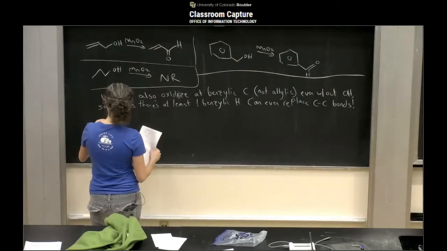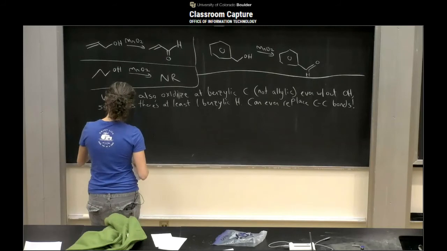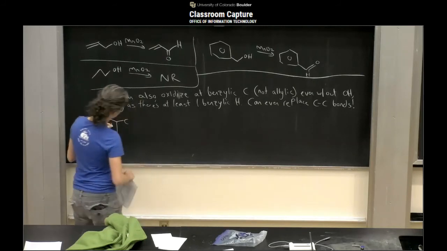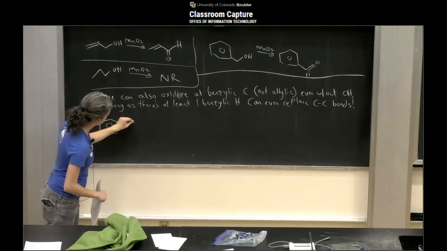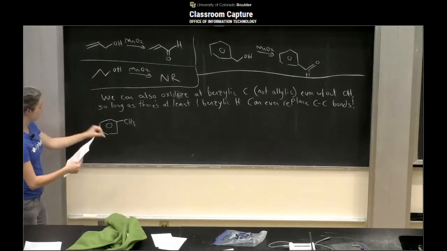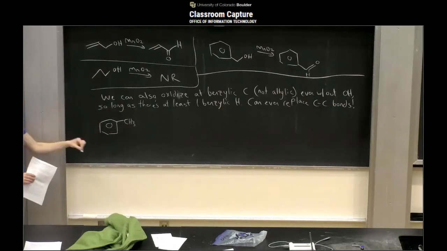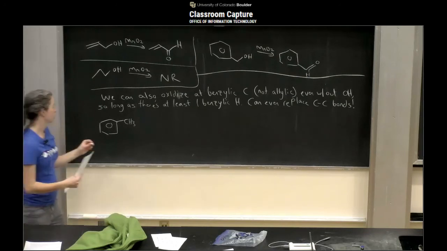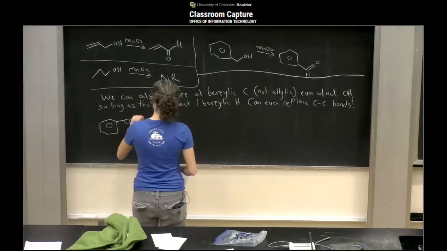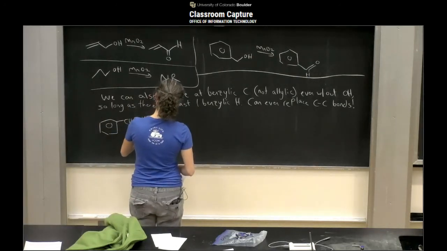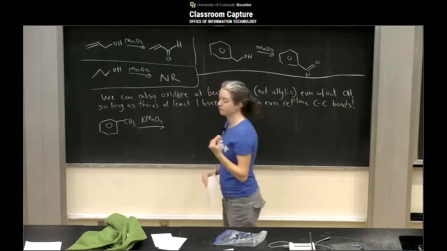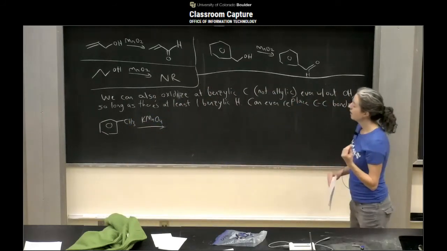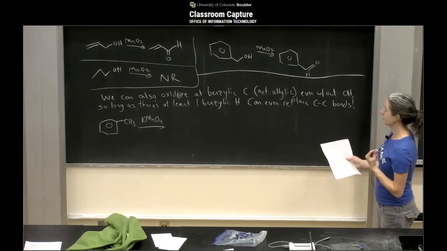So let's start out with a simpler example. Here we have CH3, and we're going to use an oxidizer that we've actually used before. It's in the family of stronger oxidizers like Jones. It turns out that this one is a little bit more reactive than the rest of its family. KMnO4, potassium permanganate, turns out to be the most reactive out of all of those.